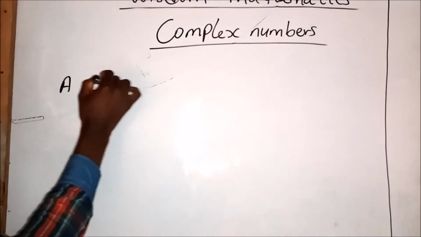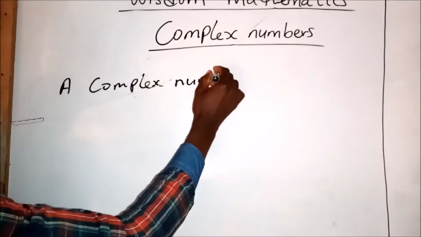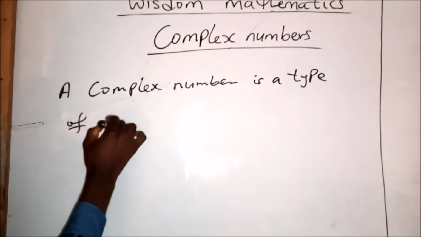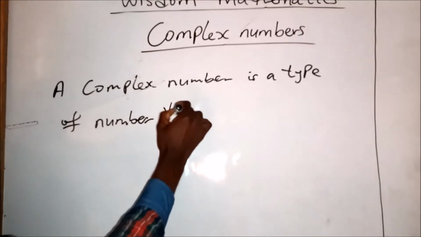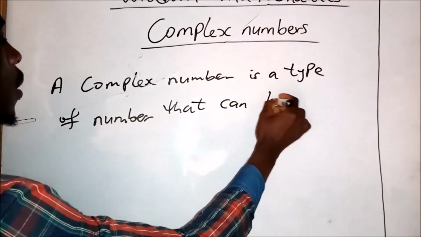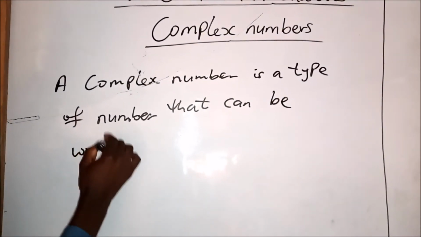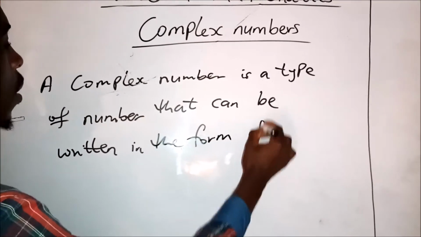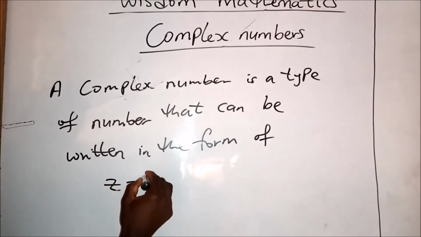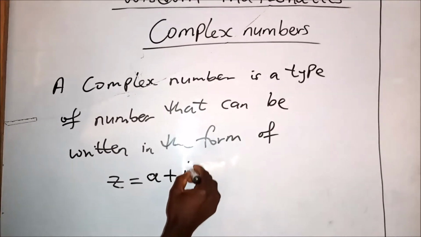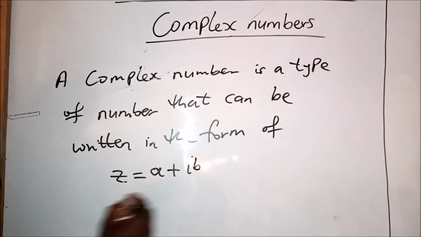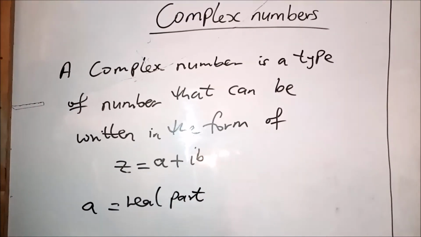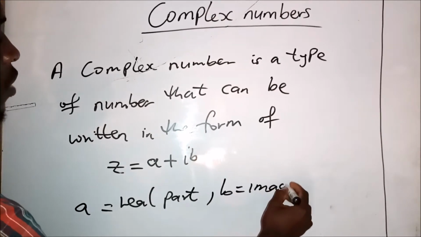A complex number is a type of number that can be written in the form of z equal to a plus ib, where a is the real part and b is the imaginary part.